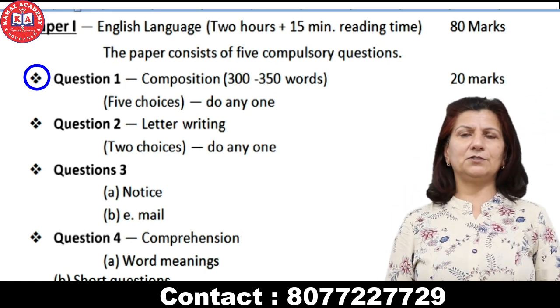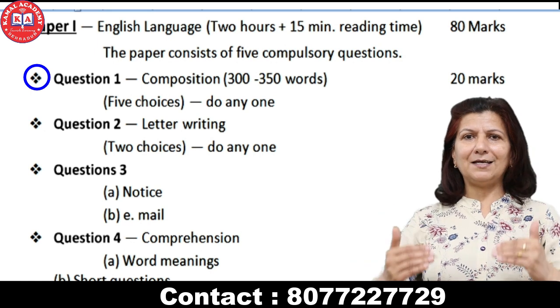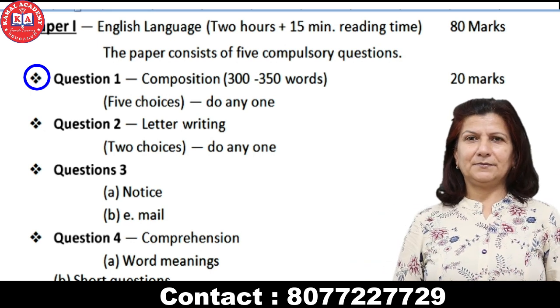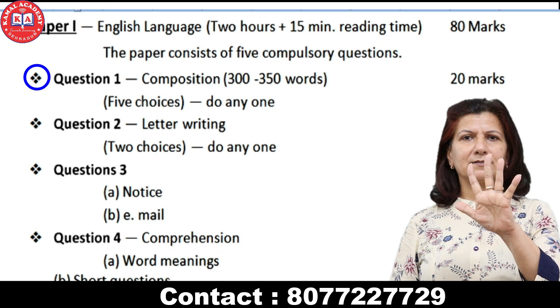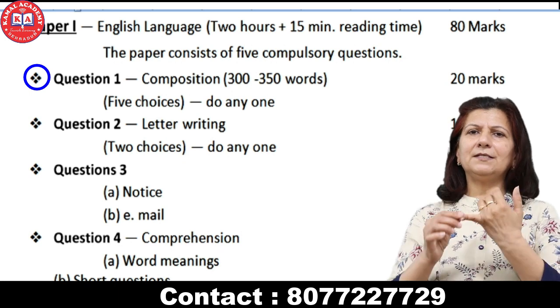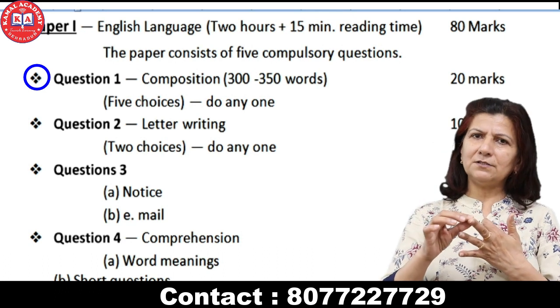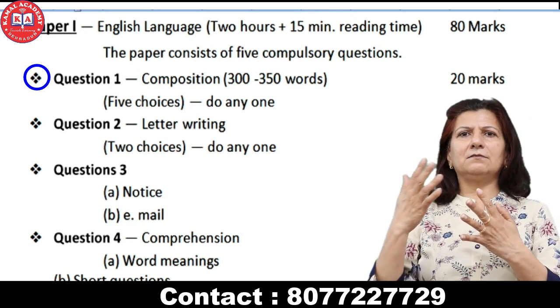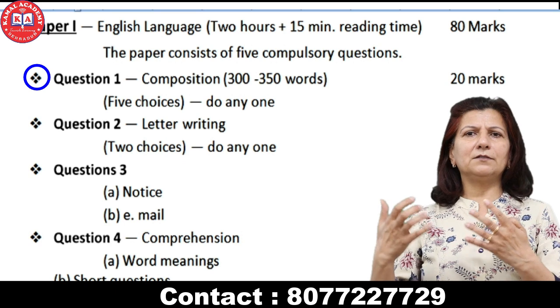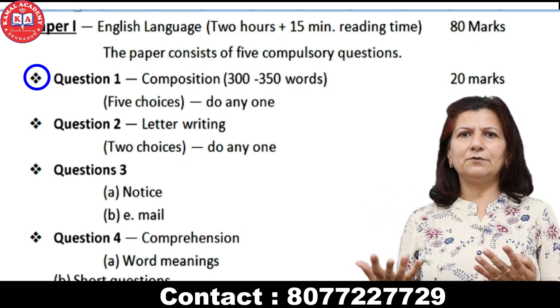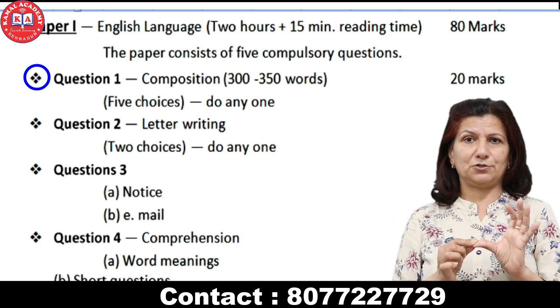Now, what is composition? Composition is a detailed writing. You will be given 5 choices. It could be some personal experience, a story, a narration, maybe something out of economics or politics or something that you see around you, and 1 picture composition.